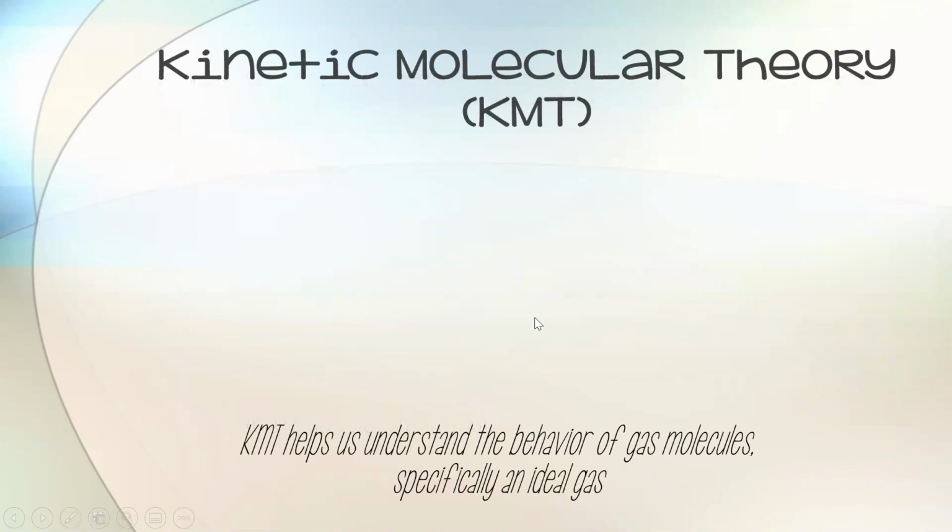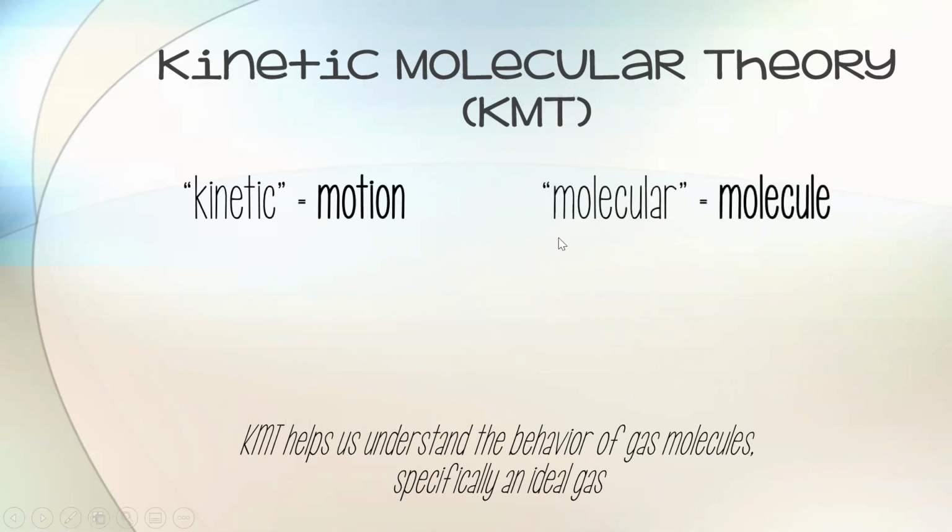Like I said, the first part is about the kinetic molecular theory, or the KMT. The kinetic molecular theory helps us understand behaviors of gas molecules, and later on we'll talk specifically about the ideal gas. The word kinetic in our case means motion, and molecular means molecule.